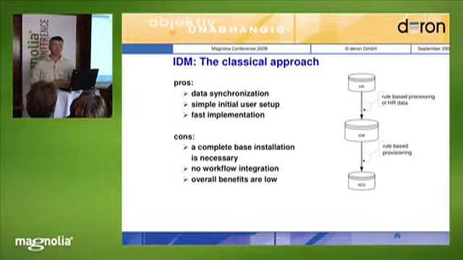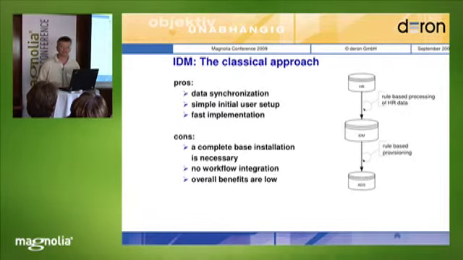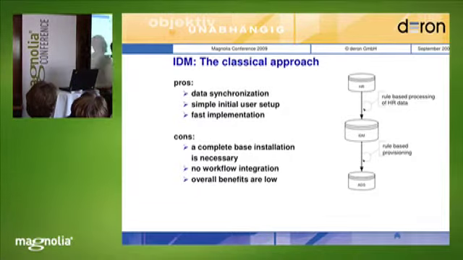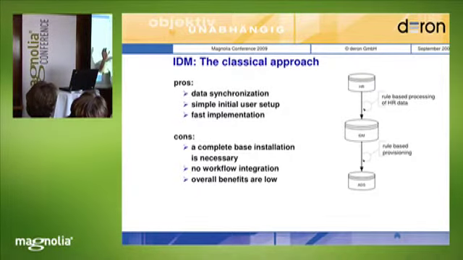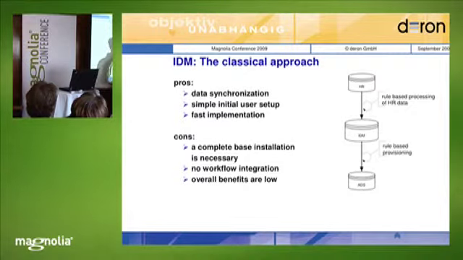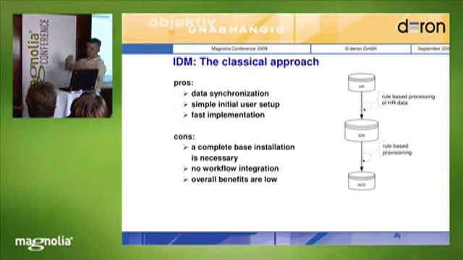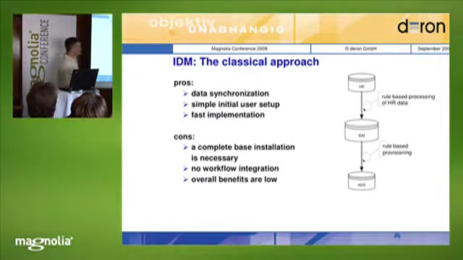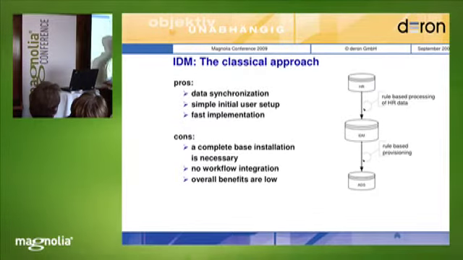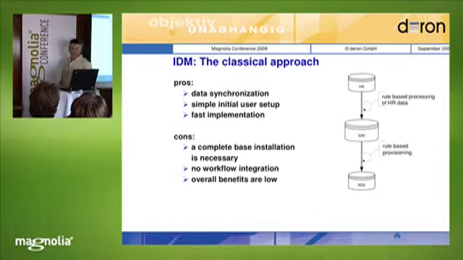In principle, you have some kind of data synchronization. For example, if you have a change in the name, the HR system just reports this change, the identity management system integrates the new name and just passes this to Active Directory. So everything is rule-based.